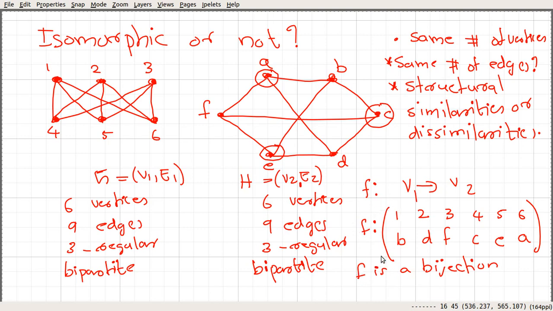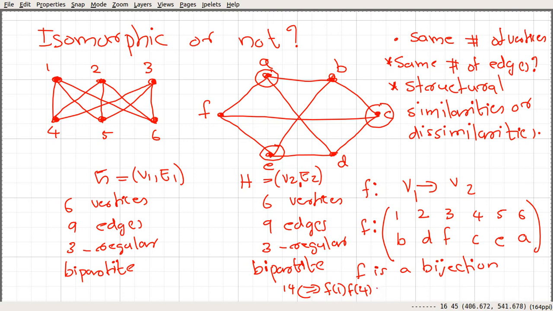Okay, and if you are able to show that F preserves adjacency, then we are done. Anyway, I won't go through the entire proof here. So let's look into, say, one edge, and let's consider 1, 4. We can see that 1, 4 maps to F of 1, F of 4.